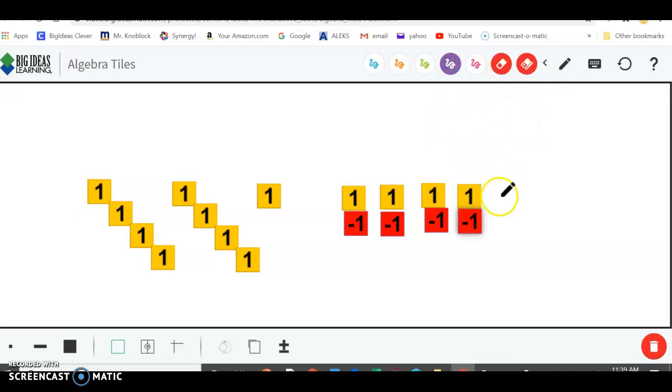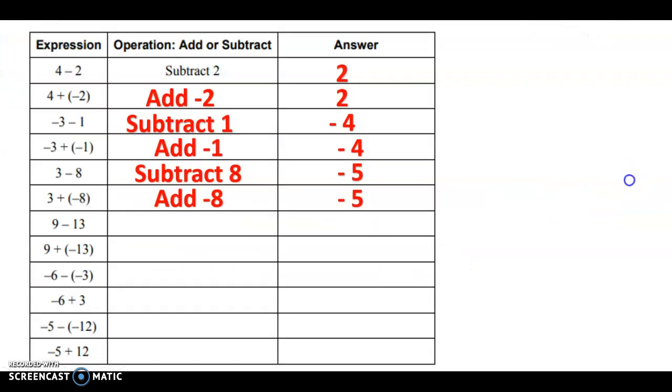So if I just take away all of these positives, what am I left with? -4. So we subtract 13, so 9 minus 13 we said was -4. Addition, they're different signs, so you subtract. 13 minus 9 is 4, and there's more negatives, so we end up with a -4.